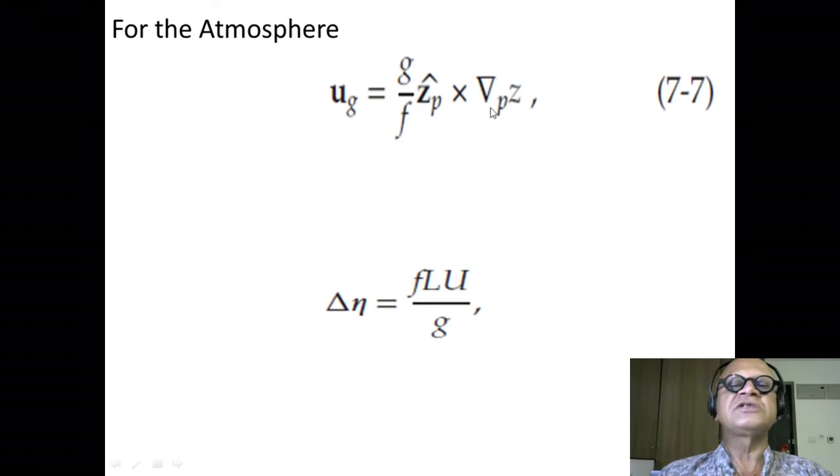So we had said before that height contours on pressure surfaces in the atmosphere are streamlines of geostrophic flow. That's basically what this is saying.